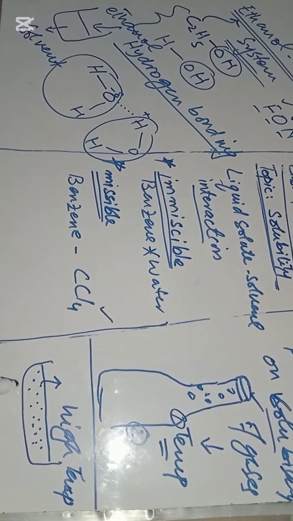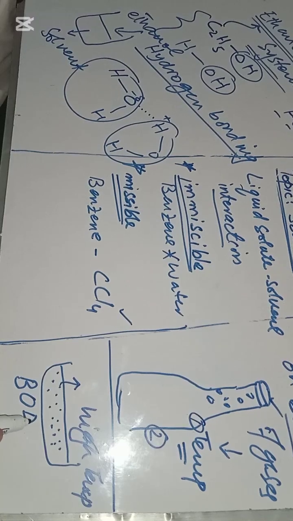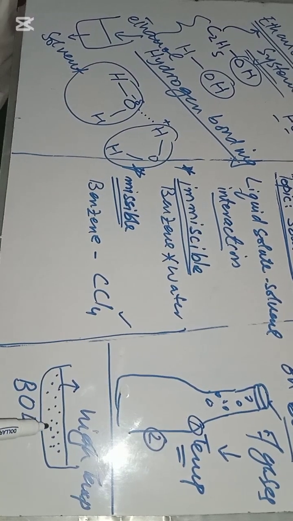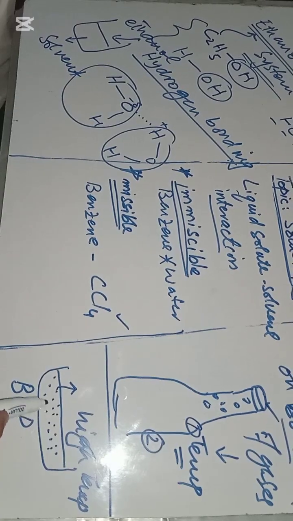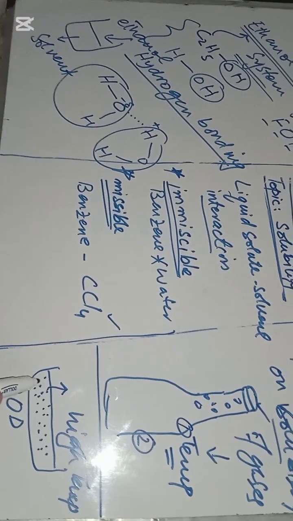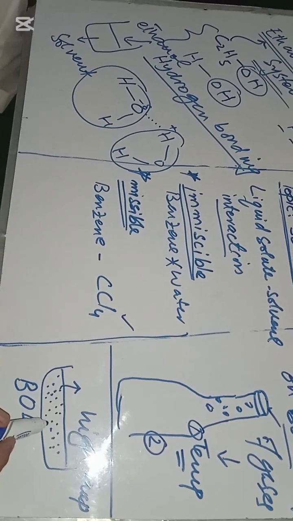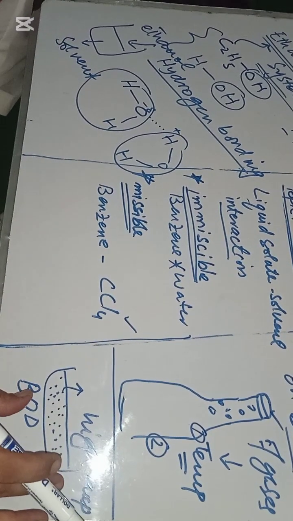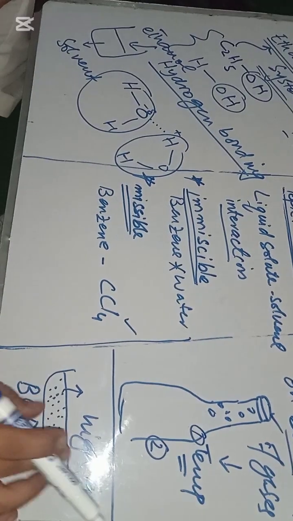So what we call the biological oxygen demand, which is necessary for the living organisms, the aquatic life over here, is decreased due to the high temperature, and it would affect them. But if the temperature is low, the oxygen will remain dissolved inside these lakes.